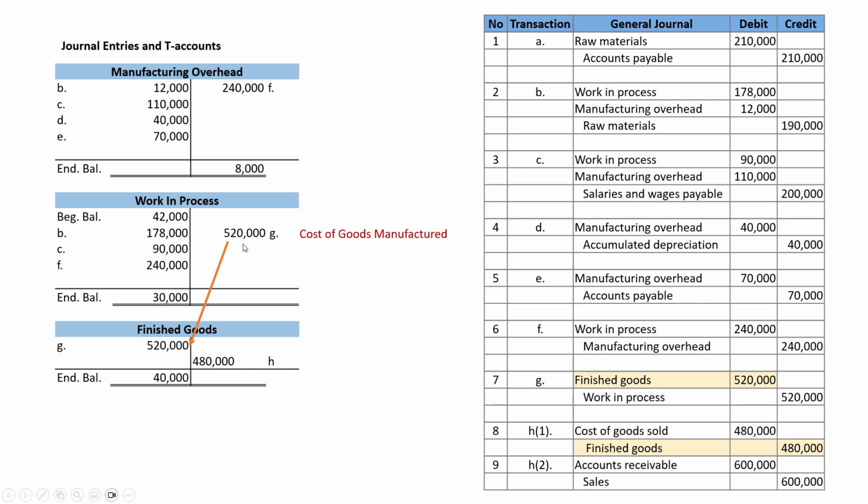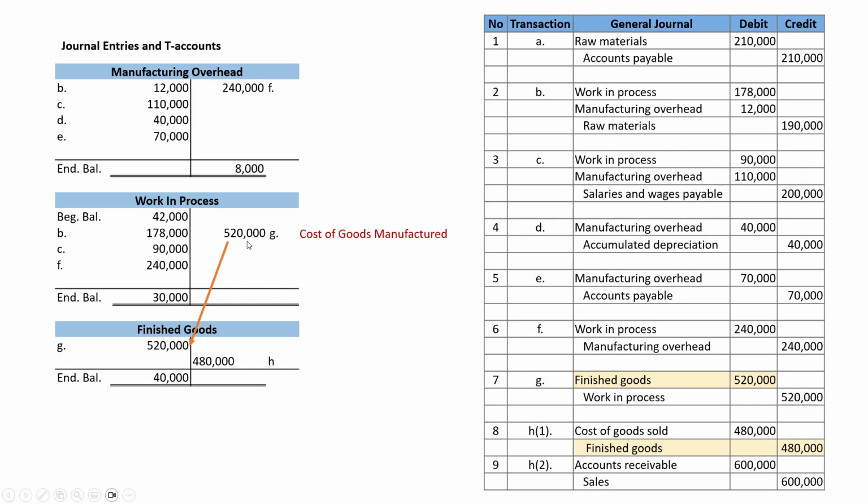So it's a fancy way of saying what's the total material, labor, and overhead costs related to goods that are no longer incomplete and part of work in process and get transferred into finished goods, that $520,000. I'll note once we subtract that $520,000 that we complete from our beginning balance and additions into work in process, it leaves $30,000 worth of goods that are incomplete.